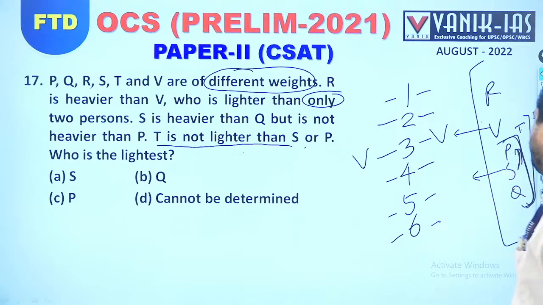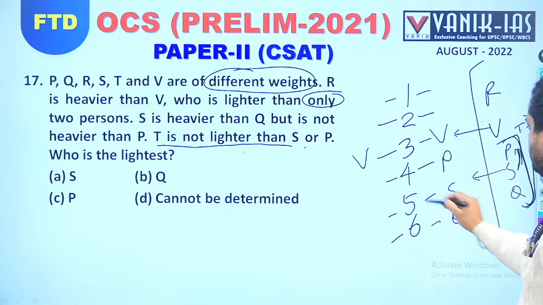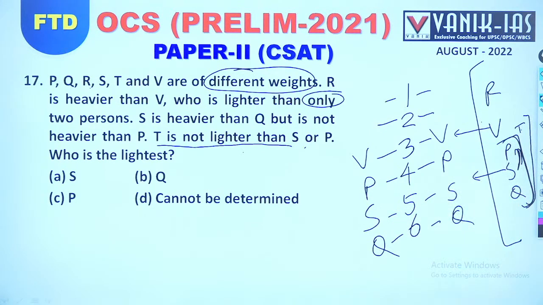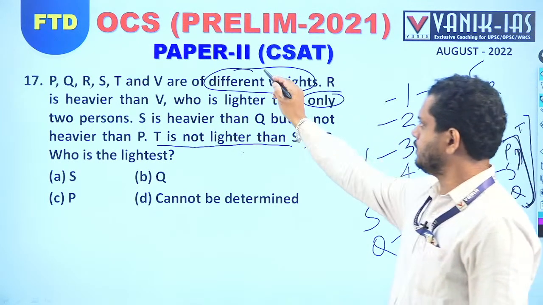Now think about it. If T is more than P, it means P, S, Q should lie in these areas. We cannot make any kind of changes, and T should be above V because of different weights.